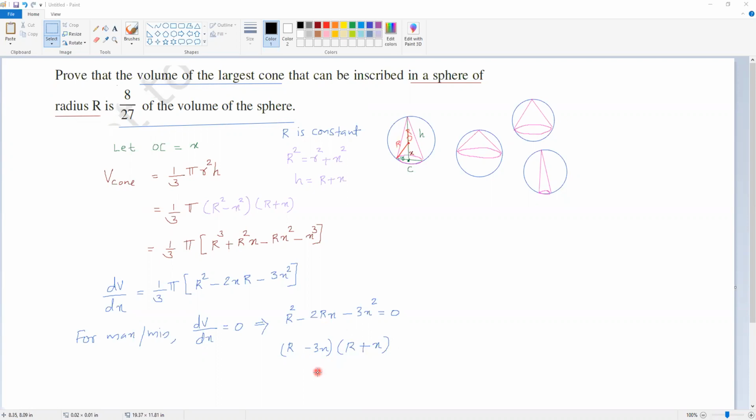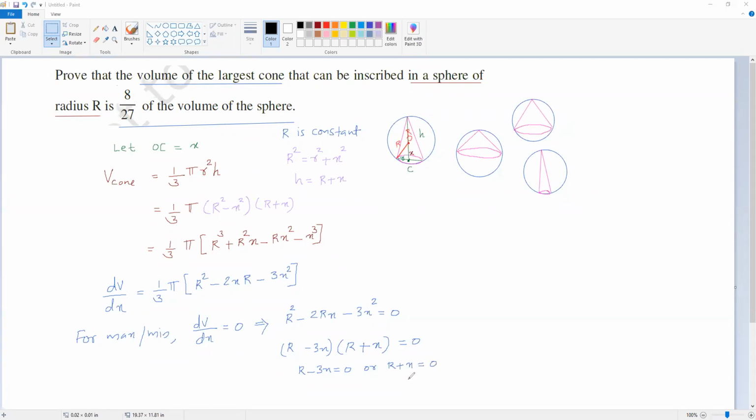So the factorization is r minus 3x into r plus x is equal to 0. That means r minus 3x is equal to 0, or r plus x is equal to 0.